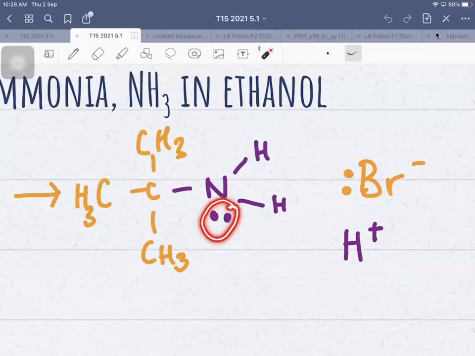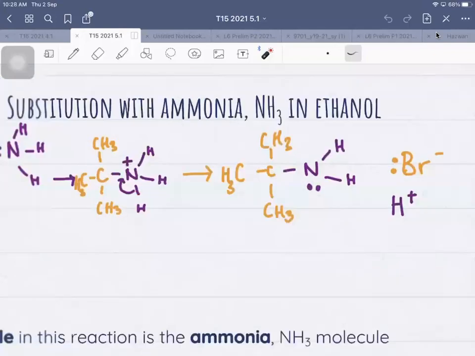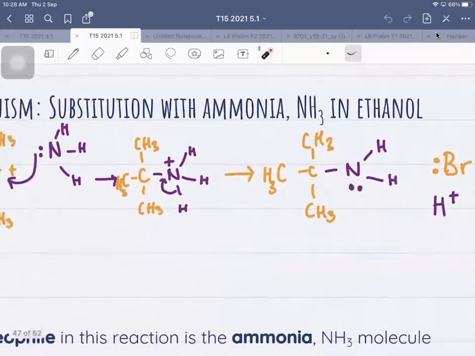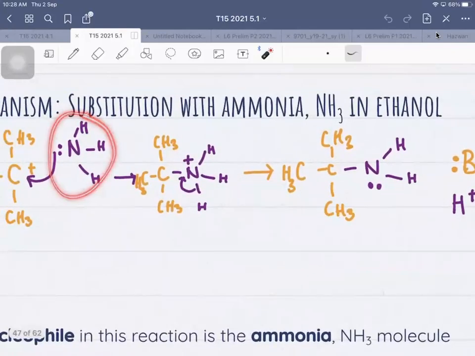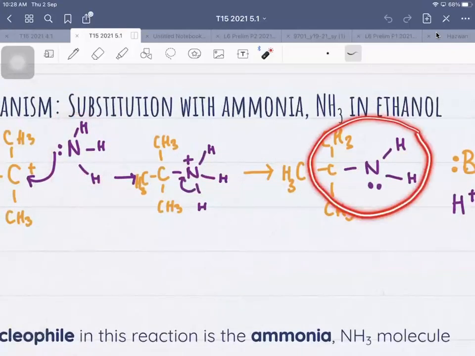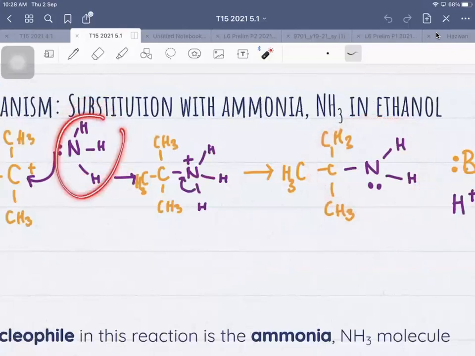This is the reason why we want ammonia to be in excess, because ammonia and amine can both act as nucleophiles, but if we have ammonia in excess, the amine will have to compete. And because amines are present in small amount, they wouldn't be able to attack halogenoalkanes as much as ammonia.